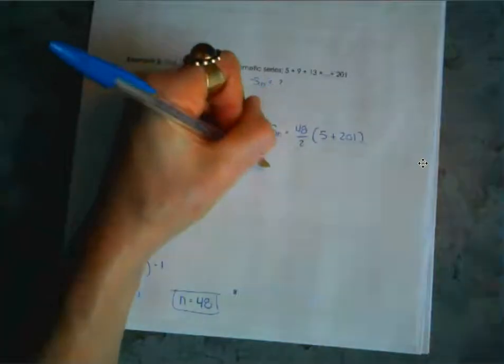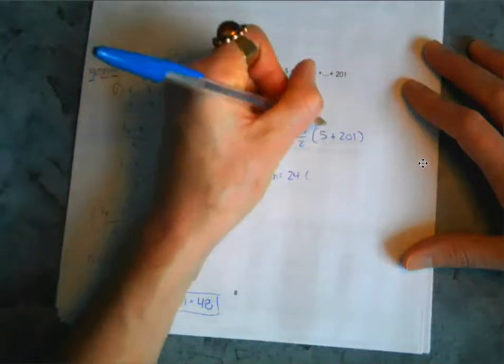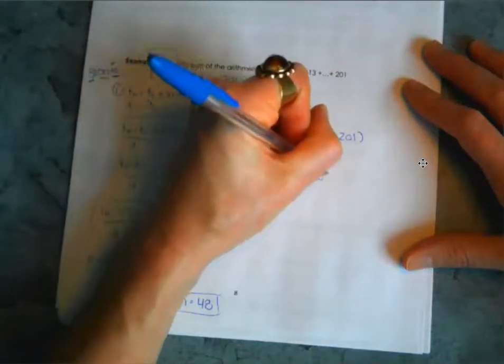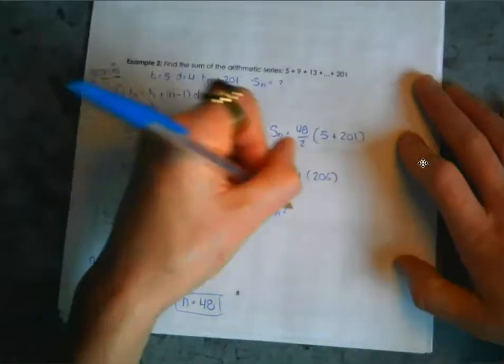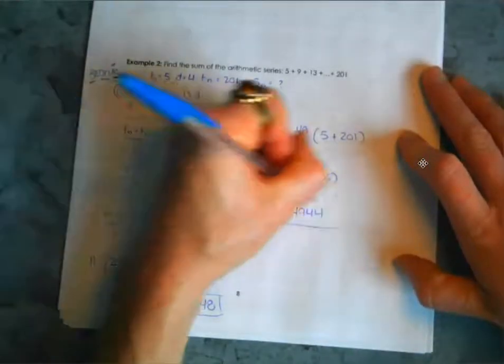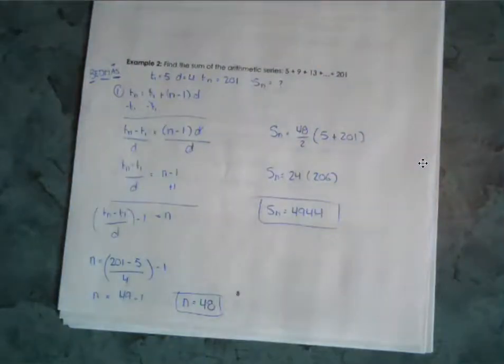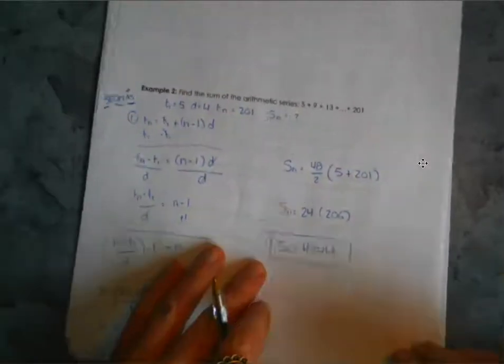So we're going to end up with Sn equals 24 times 206, and that is going to be equal to 4,944. And so that is our sum for that series. Okay, that was a long one.